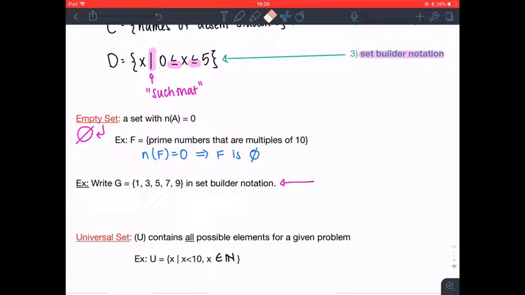All right, so an example. Say our universal set is all of the numbers x such that x is less than 10 and x is a natural number. Remember, natural numbers are counting numbers from 0 onwards.